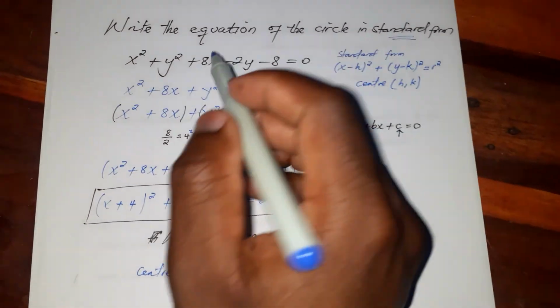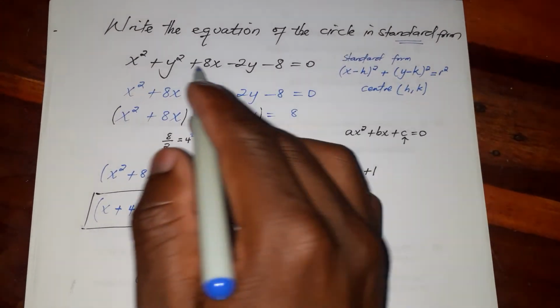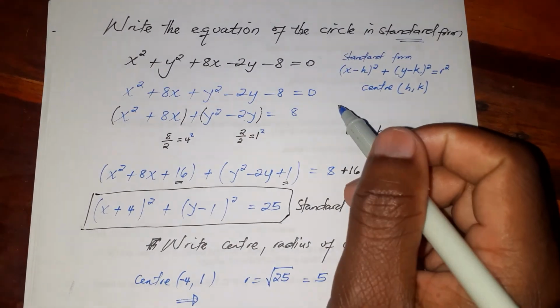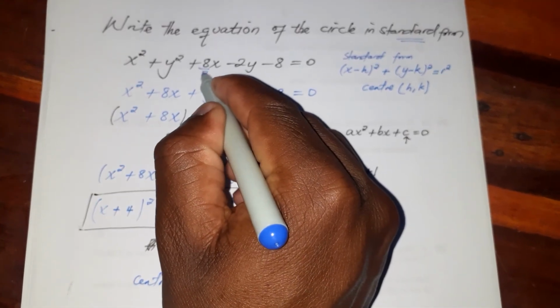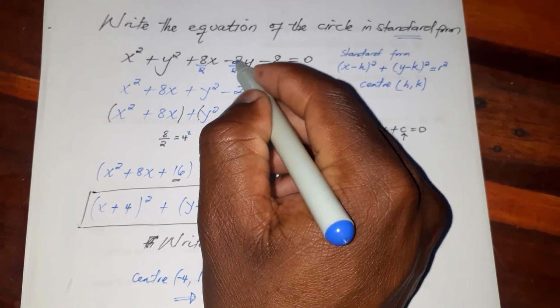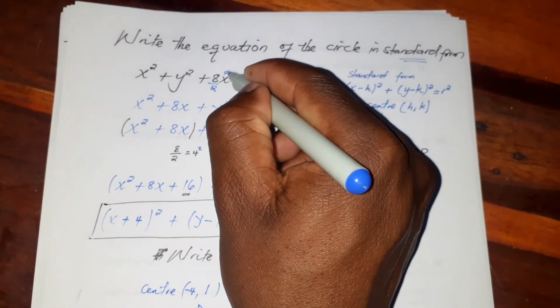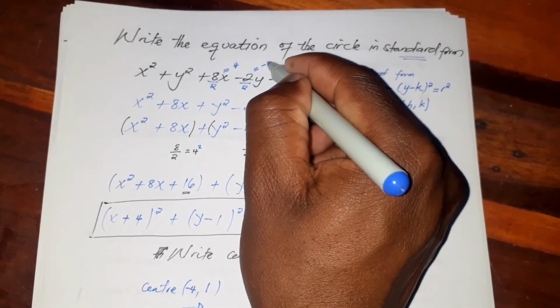Now if you look at what we have here, if you do not want to write this equation in standard form, you get the center by dividing this number by 2 and also this number by 2. Therefore here you will get positive 4 and here you will get negative 1.